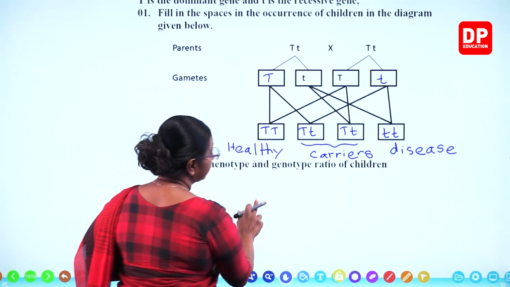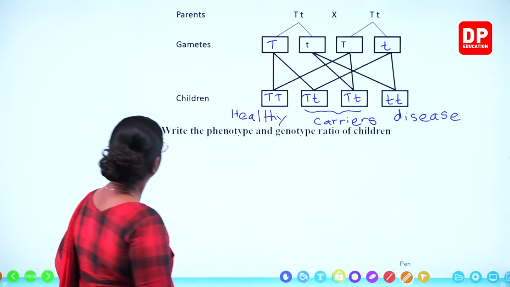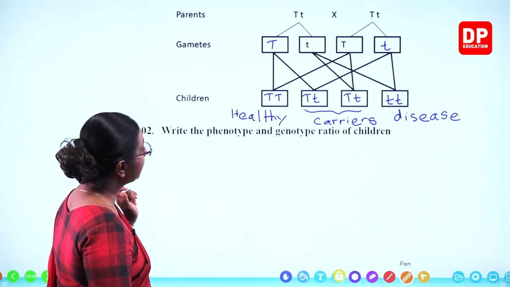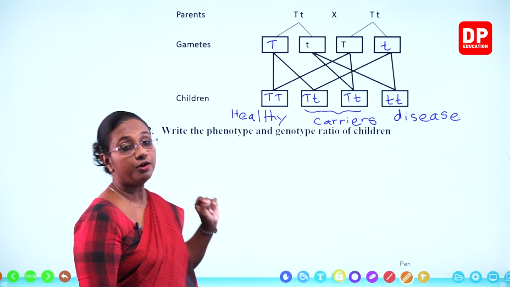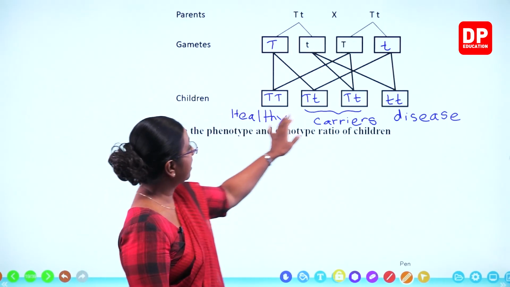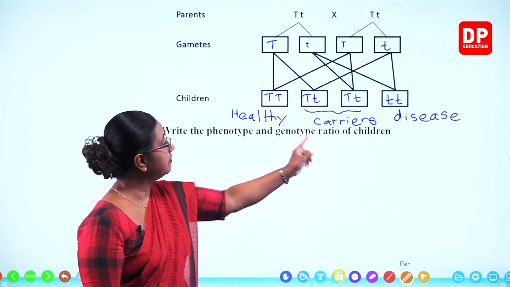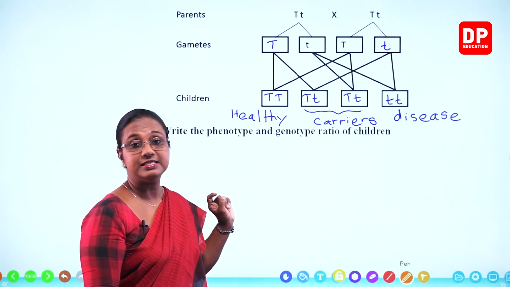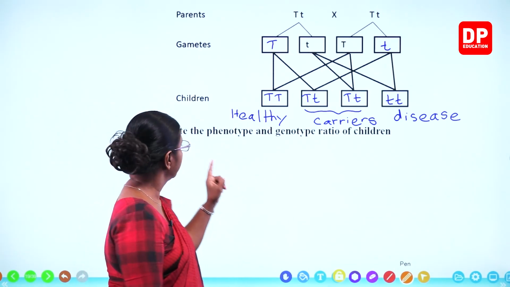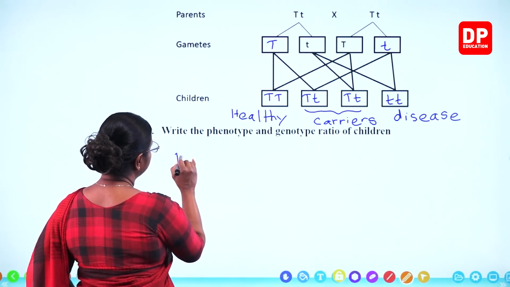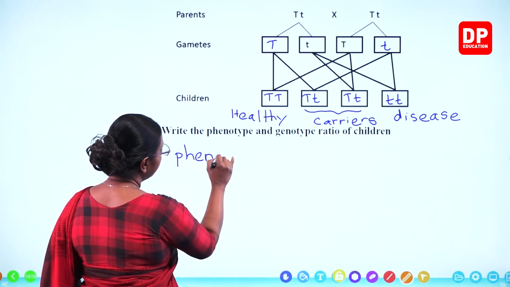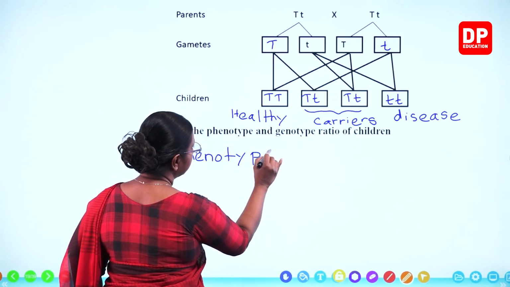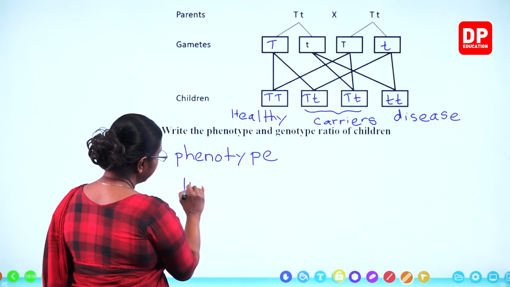the second part of the question, write the phenotype and genotype ratio of children. So here we have the genotype ratio, then we have the healthy, carrier and disease, the phenotype. So we need to write the phenotype ratio. Phenotype, what is it going to be?